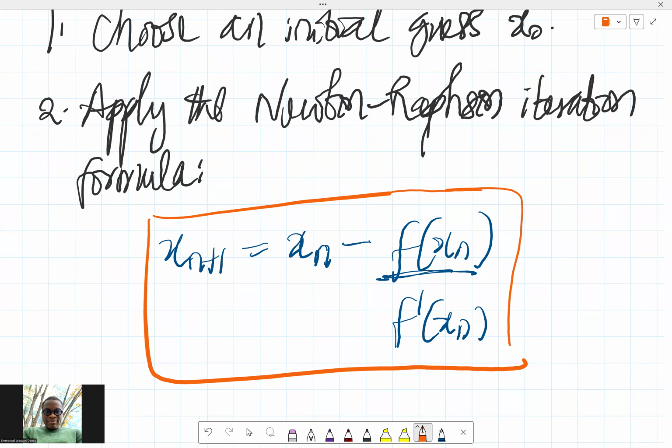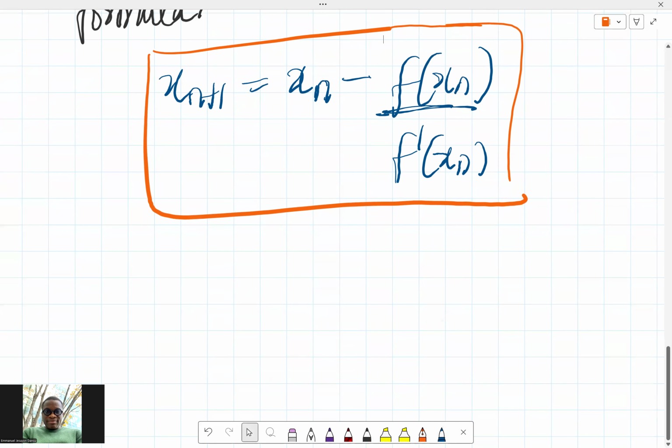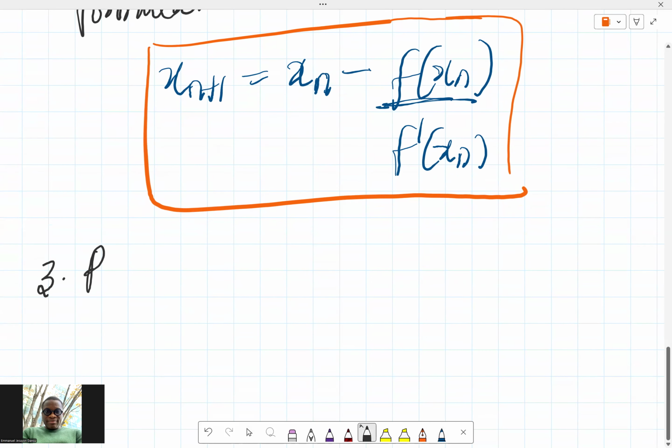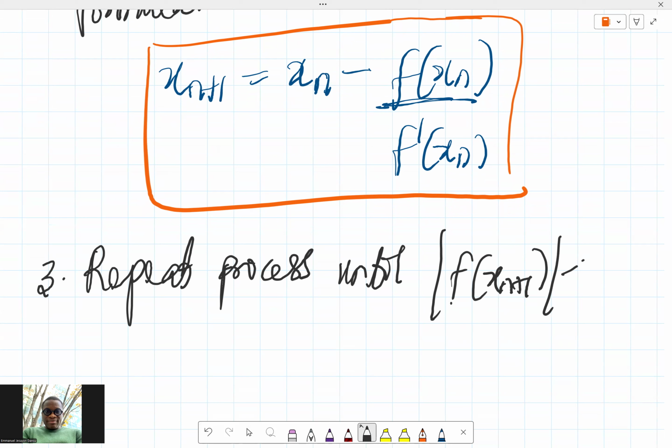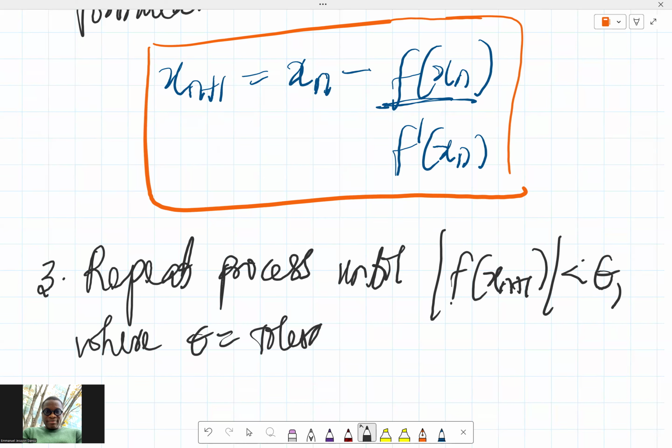Of course, we know the stopping criterion. That's step 3: repeat the process until the absolute value of f of xn plus 1 is less than epsilon, where epsilon is the tolerance limit.